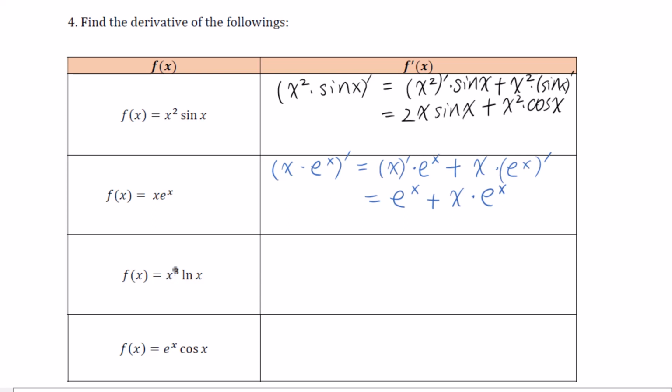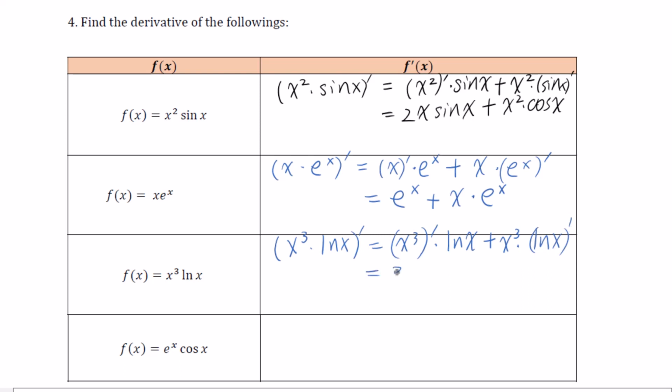For f of x equals x third power times natural log of x, we will do (x to the third power) prime times natural log of x, plus x to the third power times (natural log of x) prime.